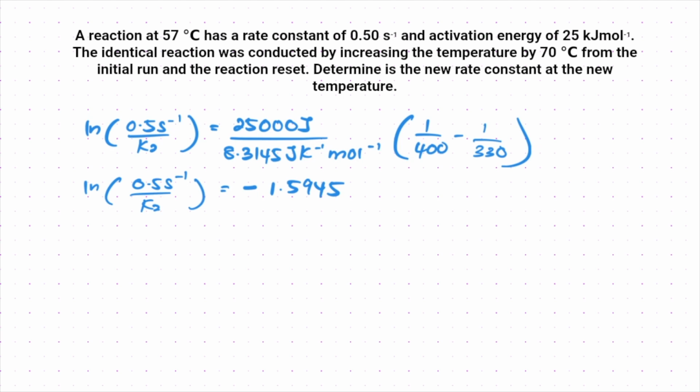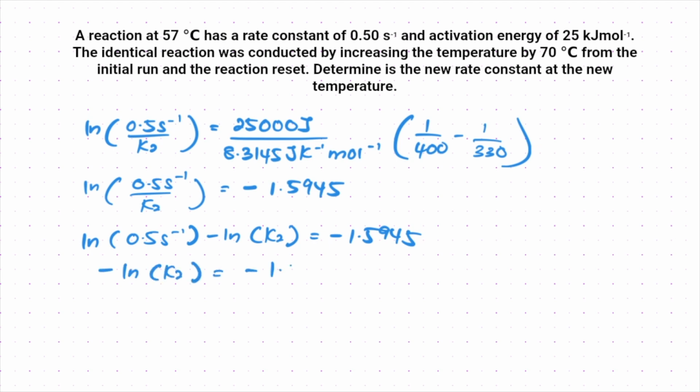And then now we're going to split this into ln. So ln 0.5 per second minus ln K2 is equivalent to negative 1.5945. Therefore, we are just going to bring this to the other side. Ln K2 is equivalent to negative 1.5945 minus ln 0.5 per second.